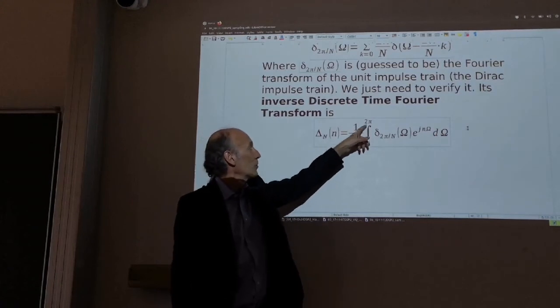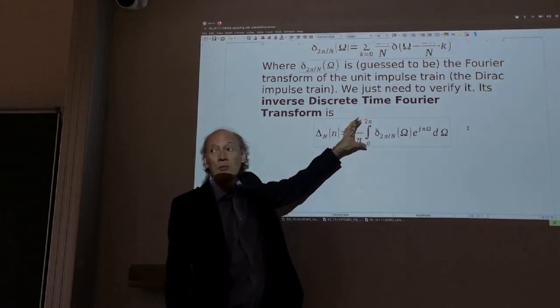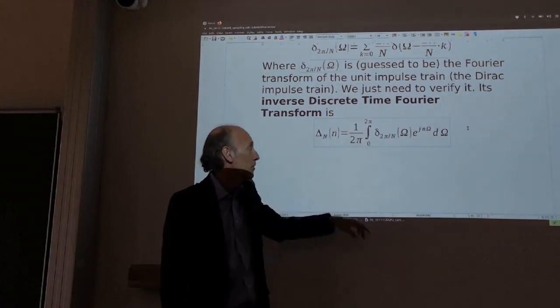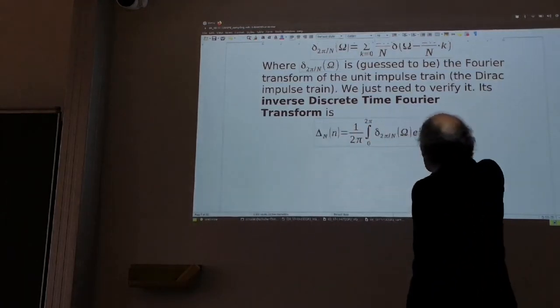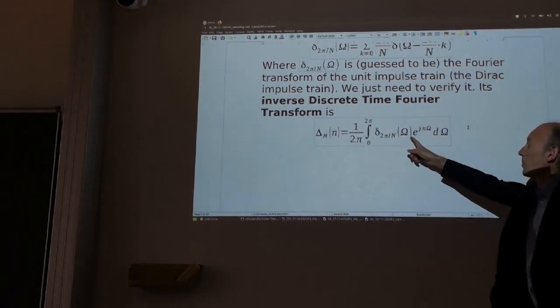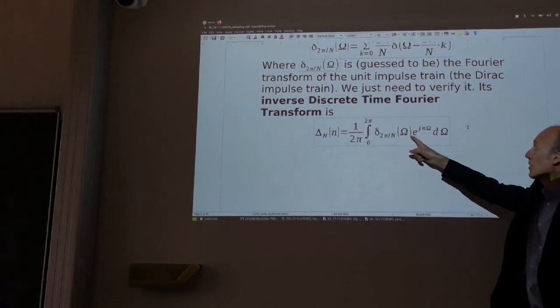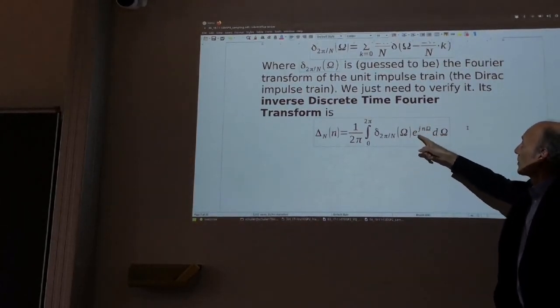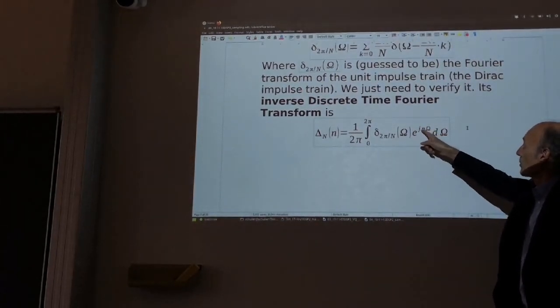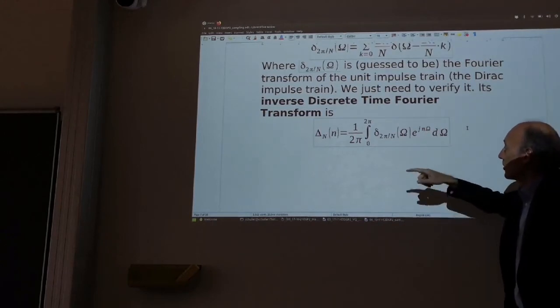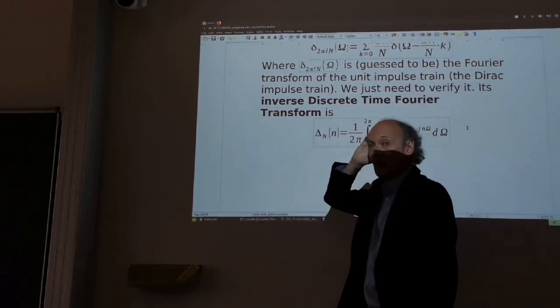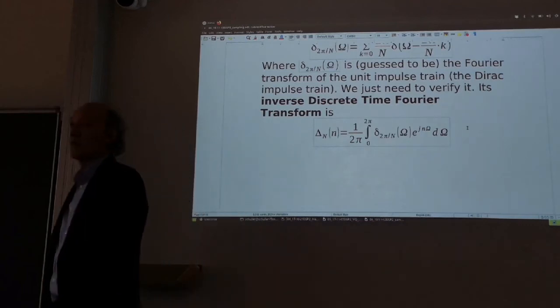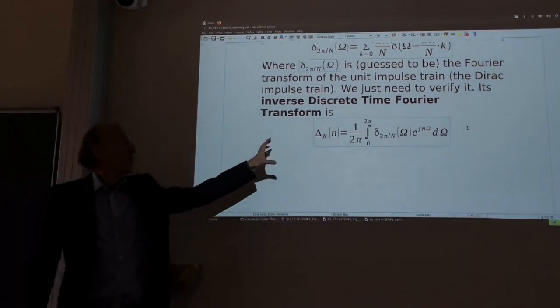So it goes from 0 to 2 pi, just from 0 to 2 pi because of the periodicity. Here is our guessed spectrum for the unit pulse train. And this is the inverse Fourier transform kernel, e to the j n omega. Right? And the 1 over 2 pi comes from the inverse transform. Makes sense?